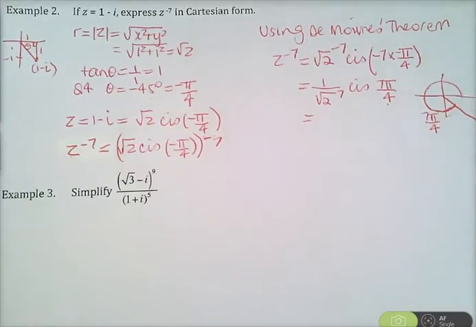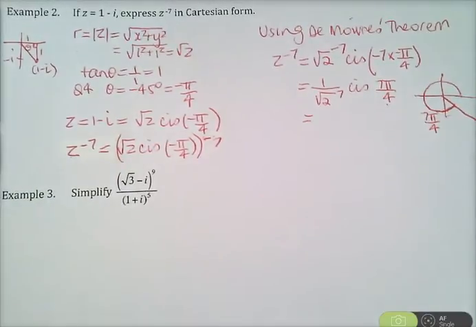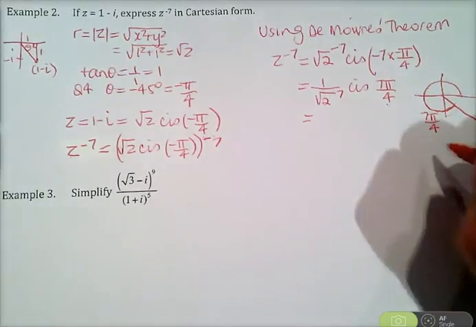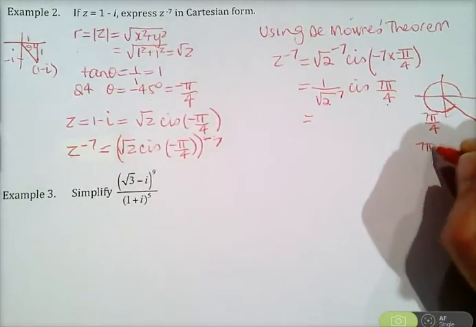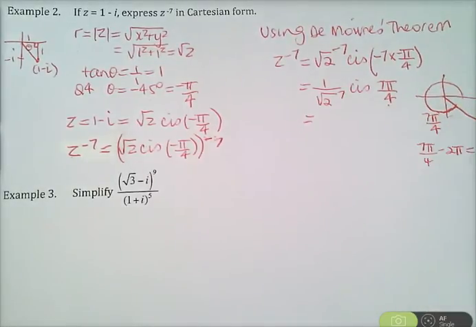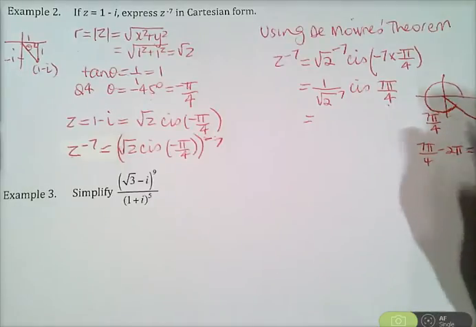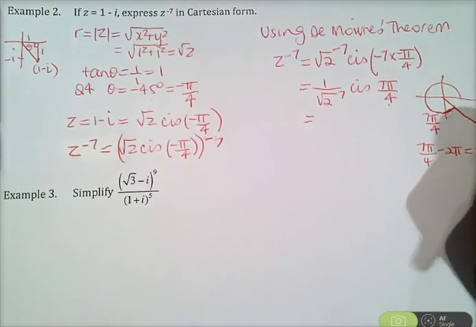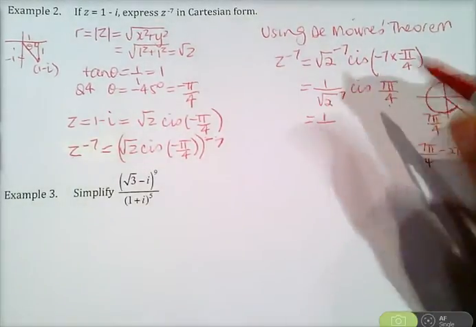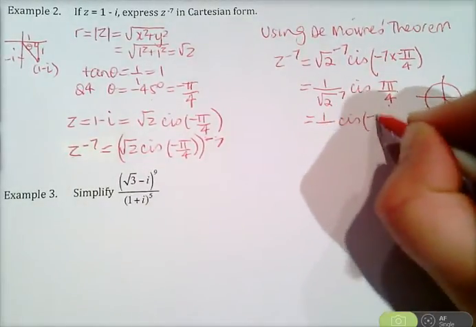But remember, we're going to subtract 2 pi from this so that we've got the principal argument. So we're just going to look at 7 pi on 4 minus 2 pi. On your calculator, just do 1 3/4, or 7 on 4, minus 2. That's negative 1/4, so it's negative pi on 4. So it'll be cis negative pi on 4.